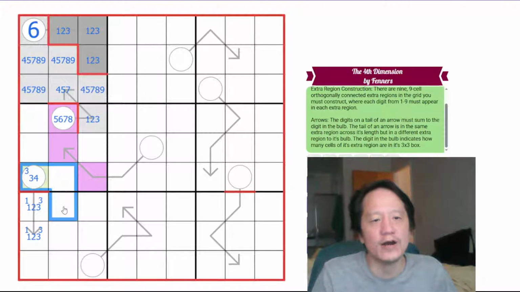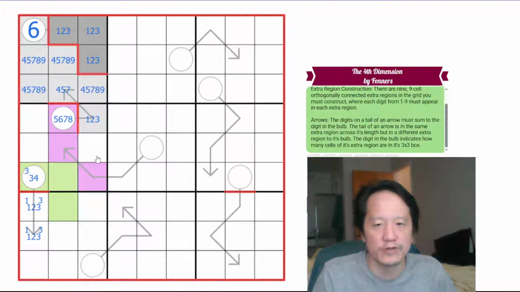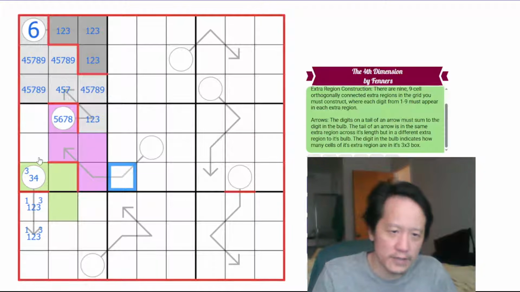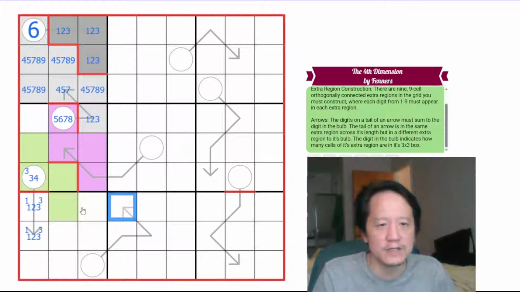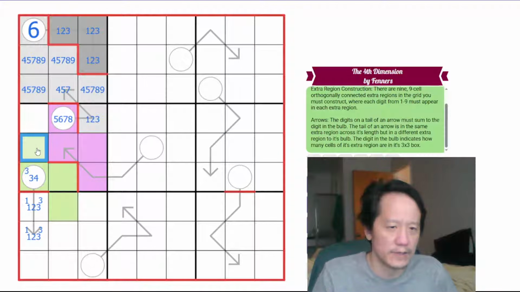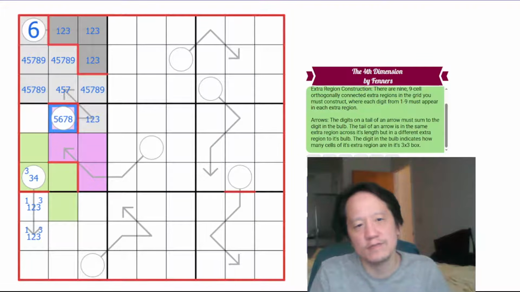This green, though, has to extend out this way because there's no other way for it. So this must be green. It must go this way because it cannot be part of pink. Therefore, the pink does have to go out this way. And this green must be at least here because it has to be at least 3. If it goes this way, this can never be 5.